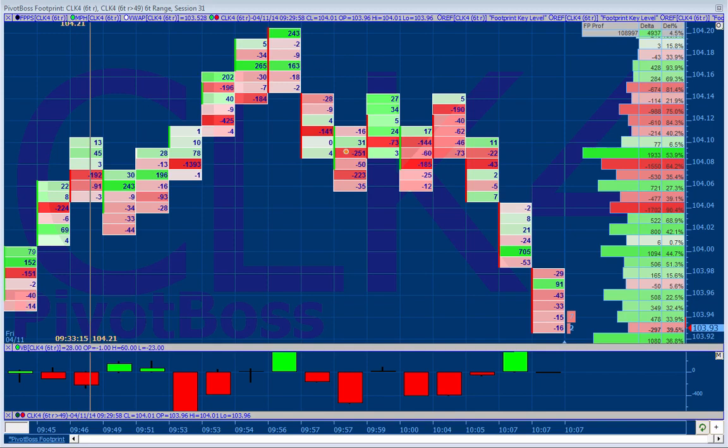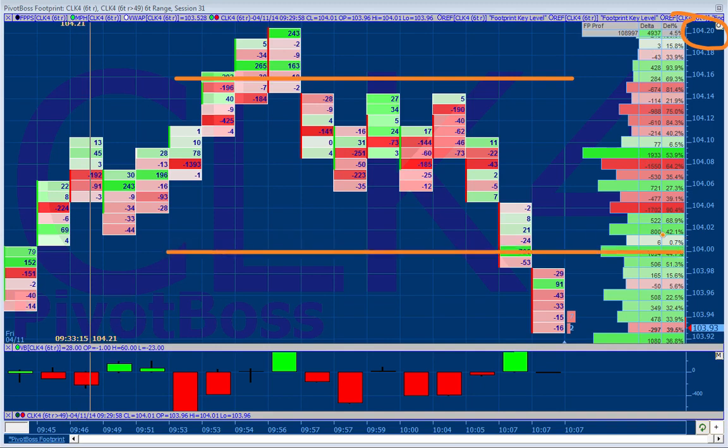Now, when you're looking at this, what do you do with this information? Well, if price pushes up to 104.20 in crude oil, a 20 level is very important, because we mentioned earlier, what's a standard stop? 20 ticks is a standard stop.